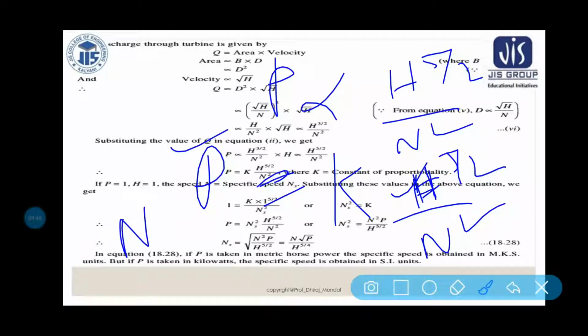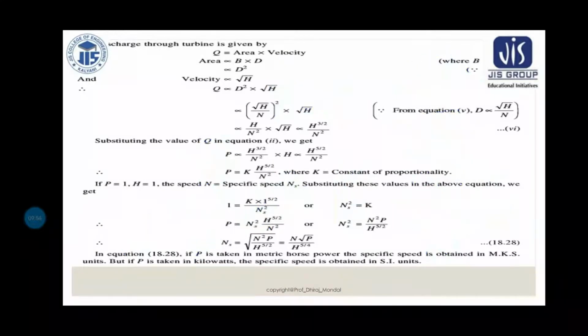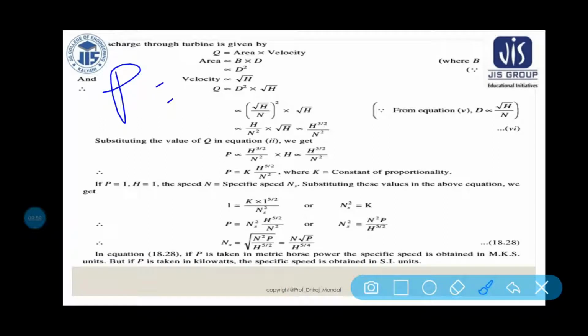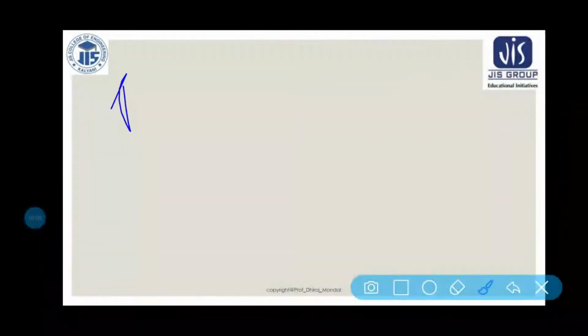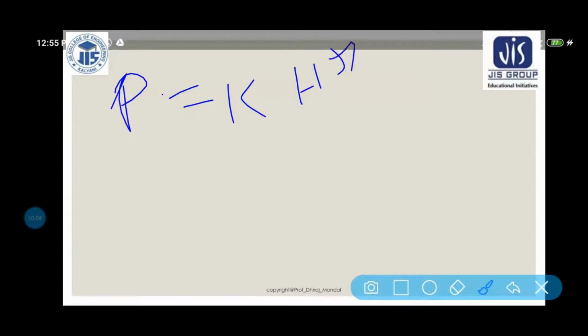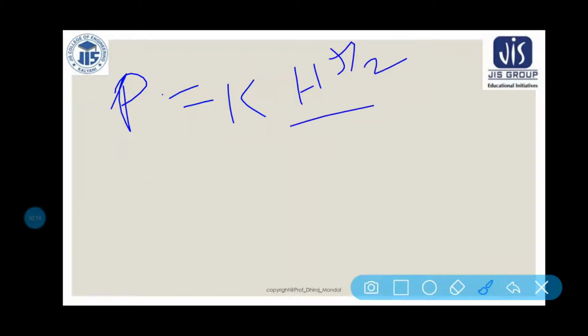The n square will be, and that means at that time again we have got p is equal to k into h to the power 5 by 2 by n square.